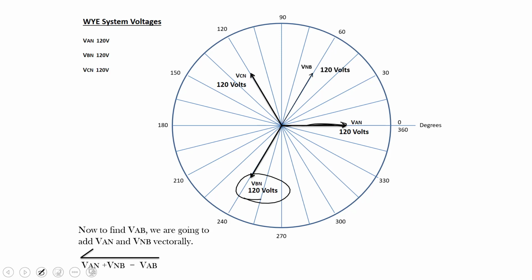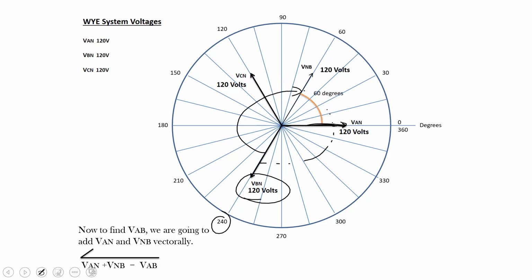Right there. If I take 240 and subtract 180, that leaves me with 60. I have to plot voltage NB at 60 degrees. Or I could add 180 to 240 and get to the same place, but you have to remember that when we get to 360, you keep going in degrees. I find it easier to subtract on this one, but you can add or subtract 180. You're going to get to the same point.